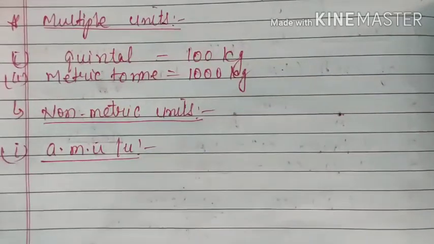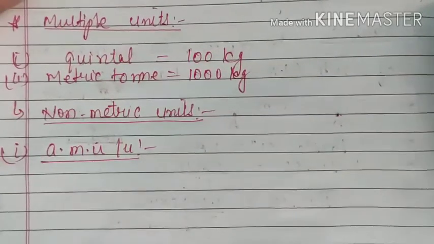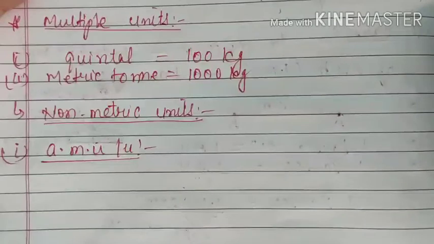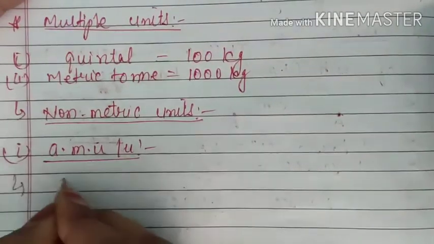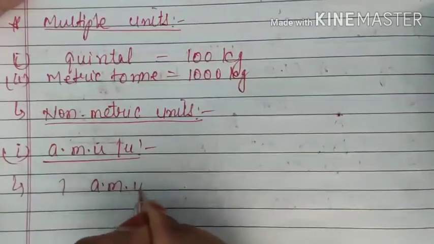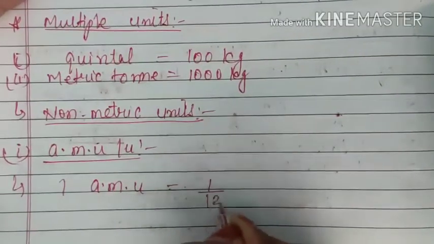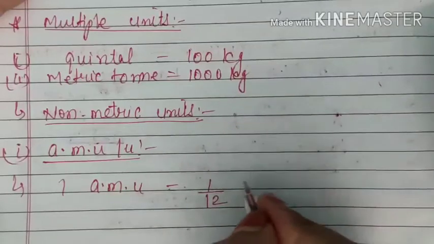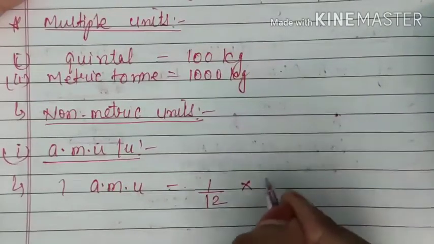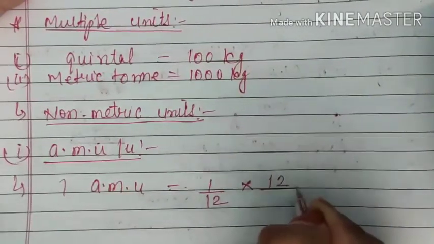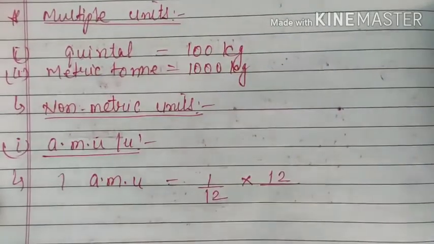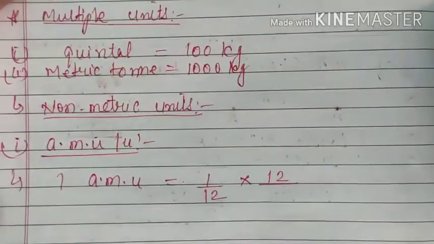So we will derive the value from the definition itself, which we have already learned, that 1 AMU is equal to 1/12 of the carbon 12 atom. So we want the atomic mass of carbon, that is 12, because we are saying carbon 12 atom, since carbon will have some isotopes also.